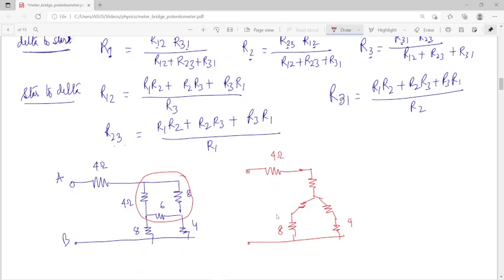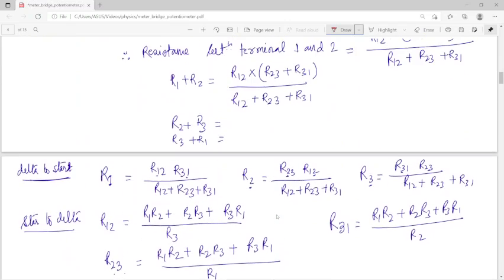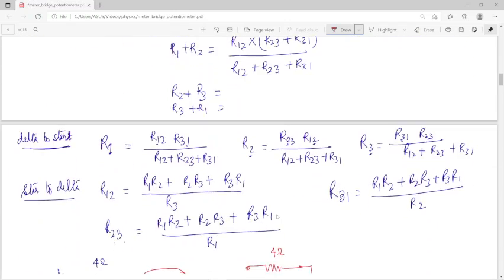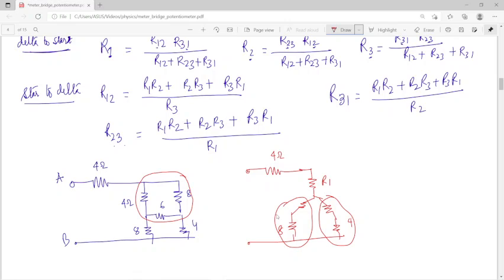If we replace it, then these two resistances are in series, and the combination is in parallel, and you can solve it easily. Since this is the delta connection, you have to find the star connection. In the figure, this is R1, this is R2 and this is R3.